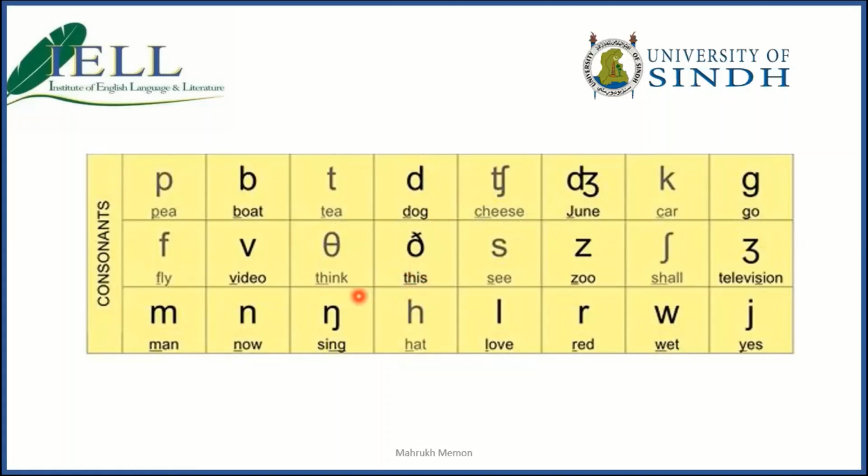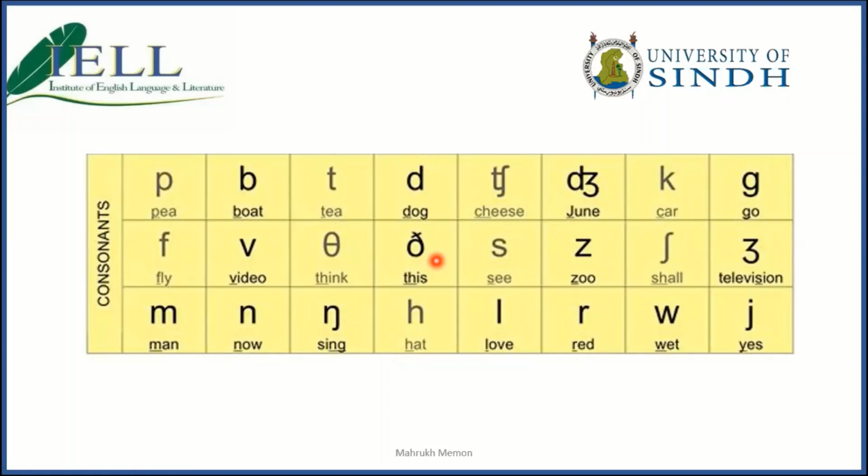These are two sounds that very often occur for th mostly. For example, this, there, those, all these have the second sound. In that you have to keep your tongue between your teeth.